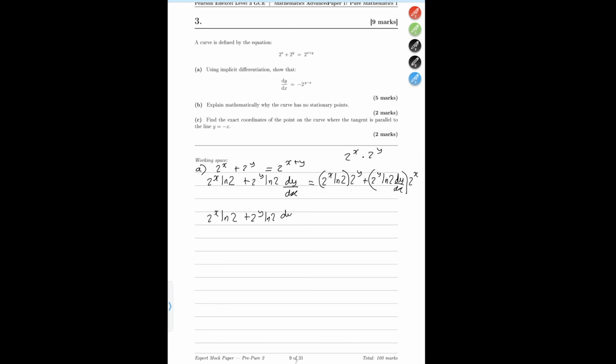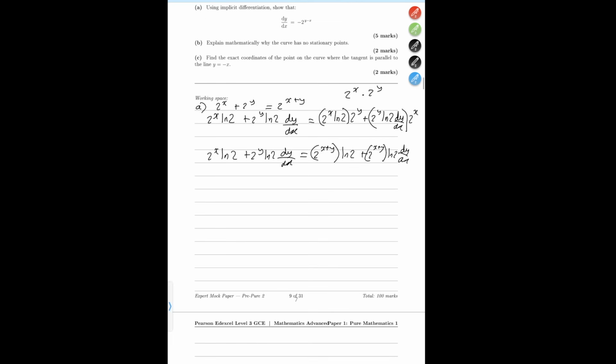Then we can work on grouping the dy/dx's onto one side to finish this question off: ln 2 plus 2^(x+y) ln 2 dy/dx. I'm going to do 2 steps at once. I'm going to shift the dy/dx's onto the left-hand side while simultaneously cancelling the ln 2's.